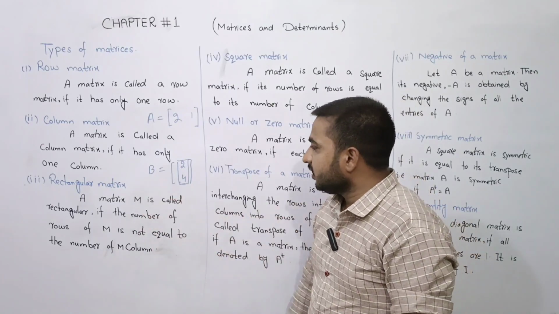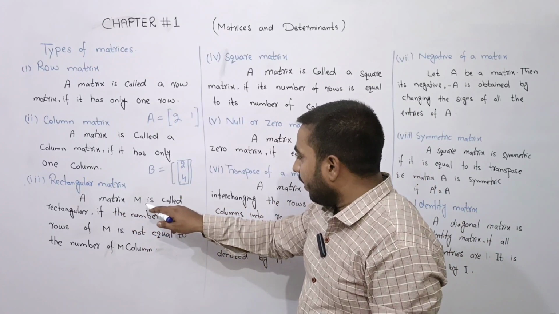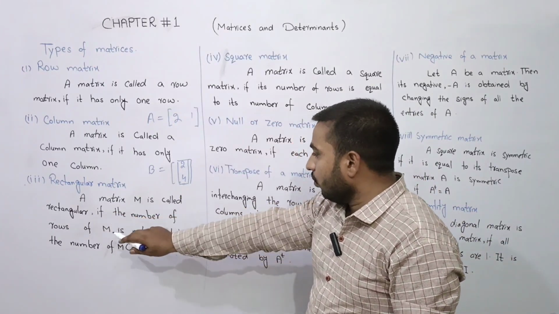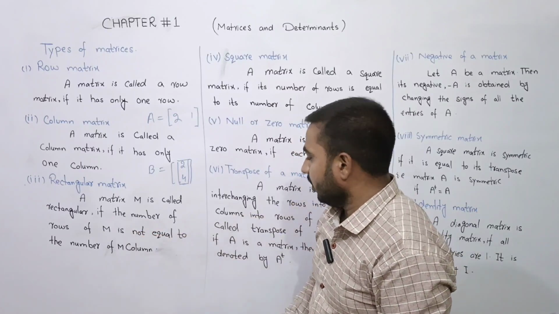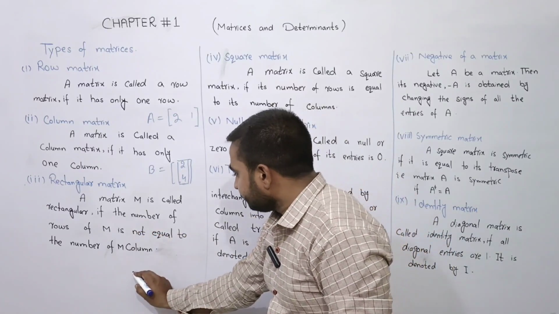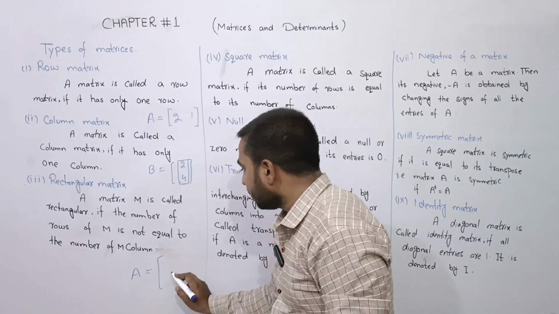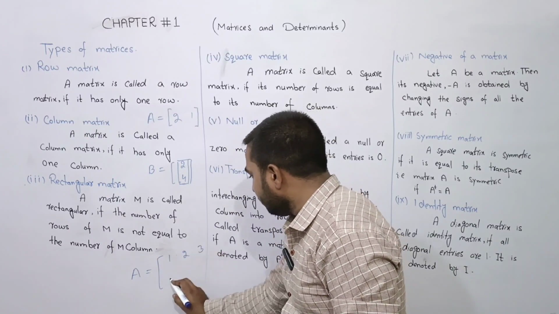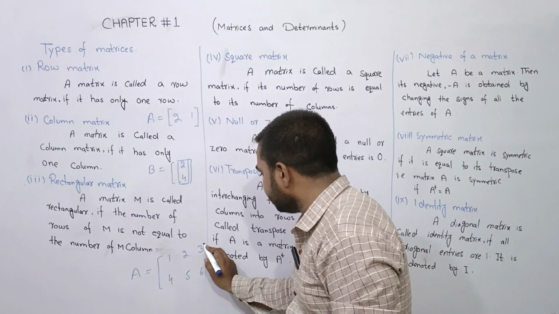The third one is a rectangular matrix. A matrix M is called rectangular if the number of rows of M is not equal to the number of columns. For example, we have a matrix 1, 2, 3, 4, 5 and 6.